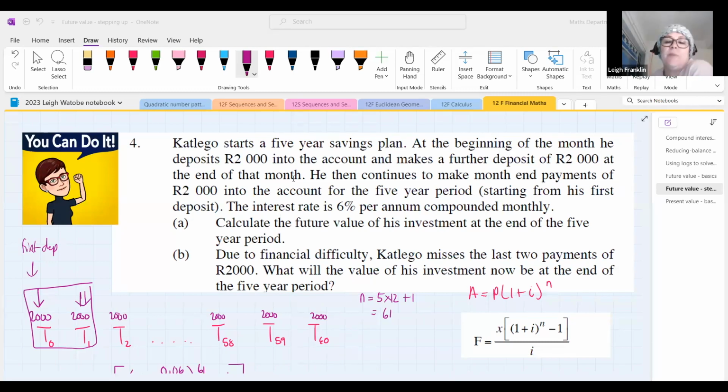Anyway, you explained to me why you thought it was 62. Well, ma'am, I thought it was 62 because it says at the first month he deposited 2,000 and then at the end he deposits another 2,000, meaning the first payment stayed in the bank and generated interest.